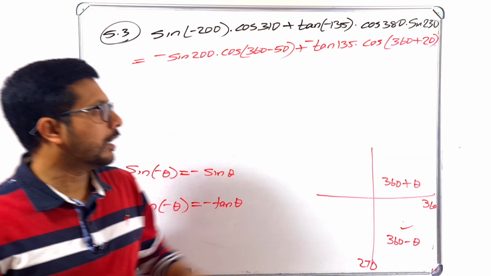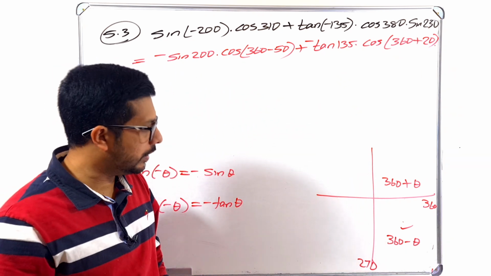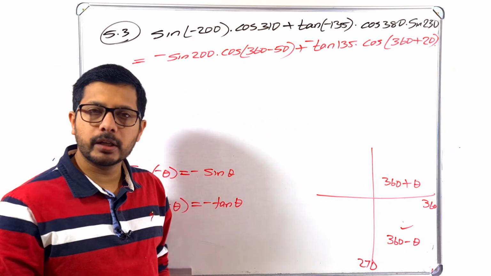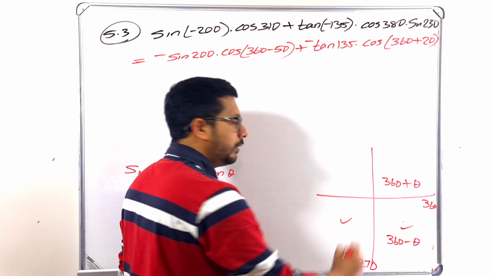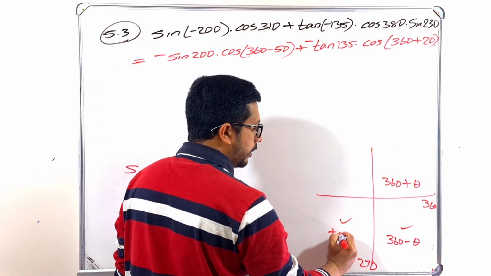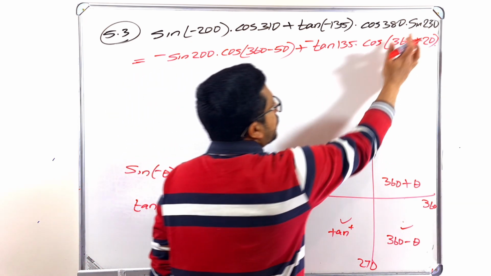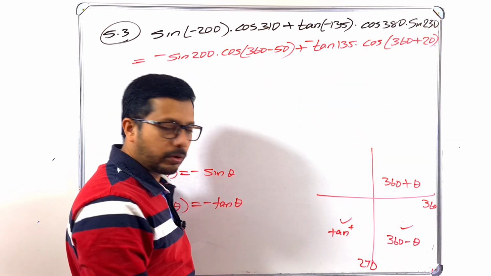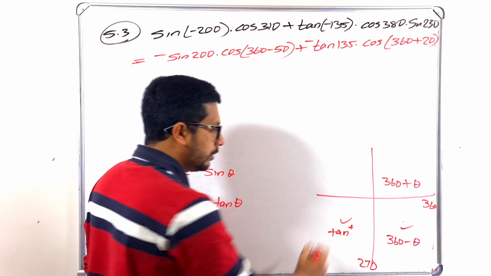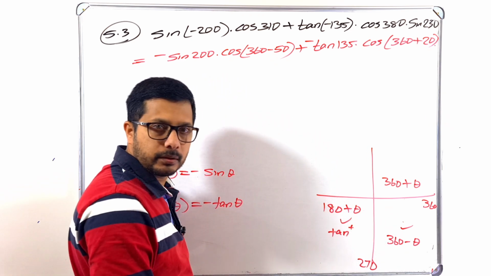Then the last one, sine 230. 230 is in which quadrant? 230 is in the third quadrant. Third quadrant, what is positive? Yeah, you know that tan is positive. So 230 in the third quadrant, how can you write? 180 plus theta, am I right?